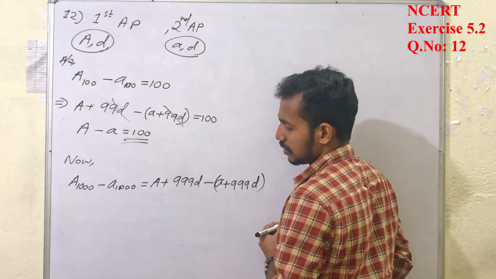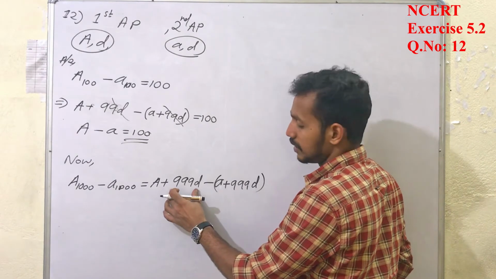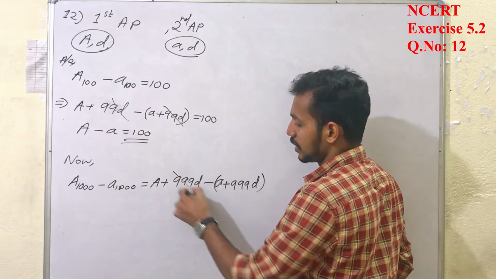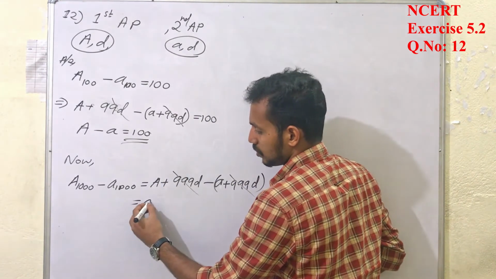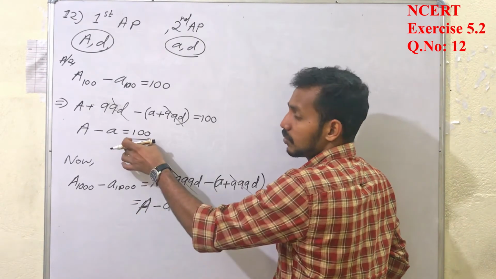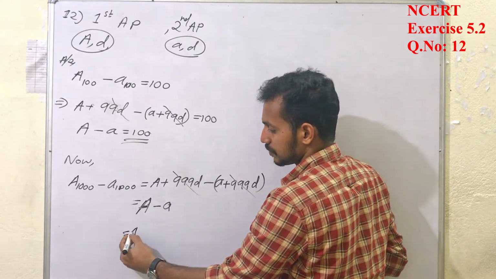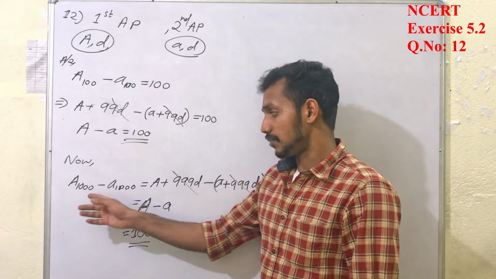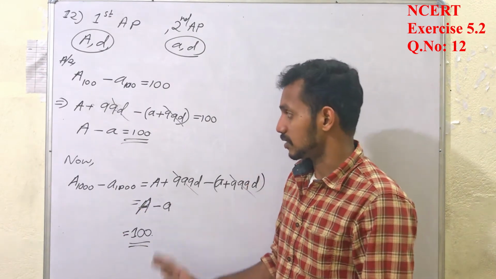Here also plus 999D and minus 999D will be cancelled, which is equal to A minus A. This we have already got, that is equal to 100. The difference between the 1000th terms is also 100.